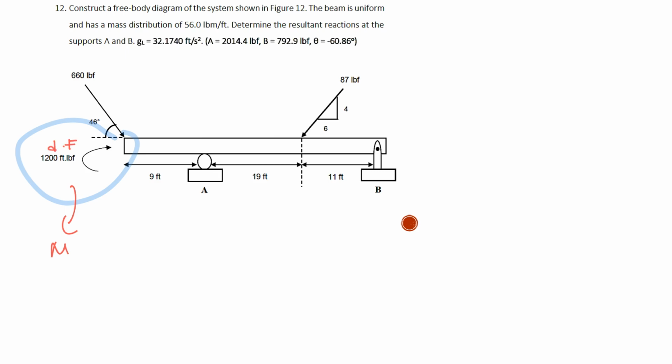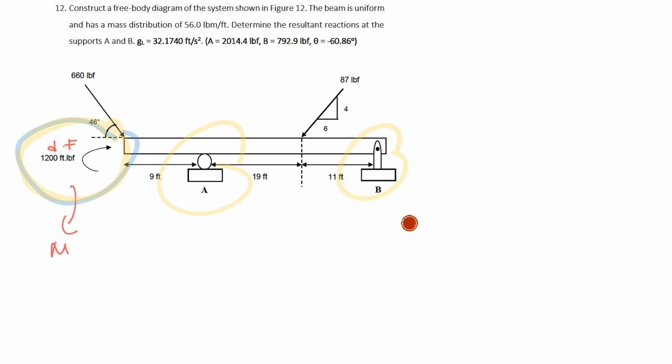Okay, so now you need to find the value of B. It needs to balance the external moment. You need to find the value of B A that needs to balance out the external moment of 1200 feet pound force.